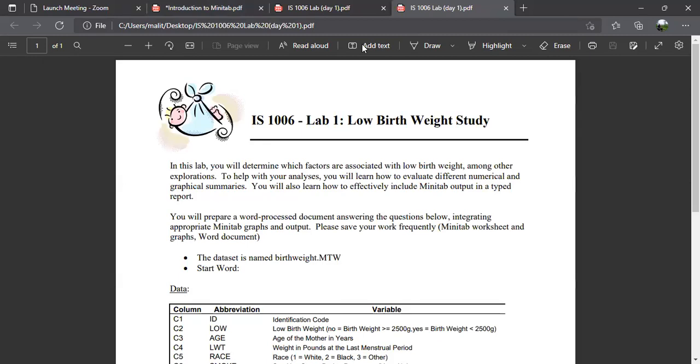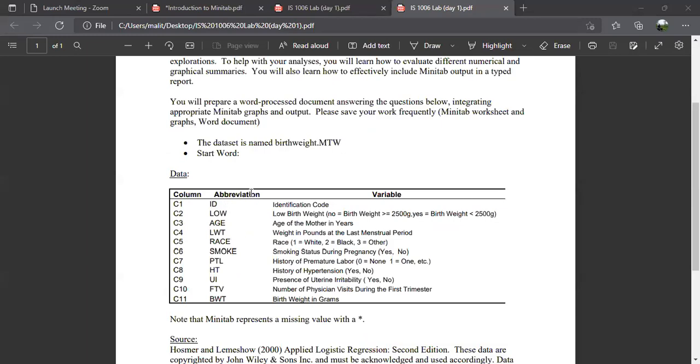Can you see my screen now? For the low birth weight study, IS 1006, can you see? Yes, sir. Okay, thank you. So this is the introduction to the dataset.